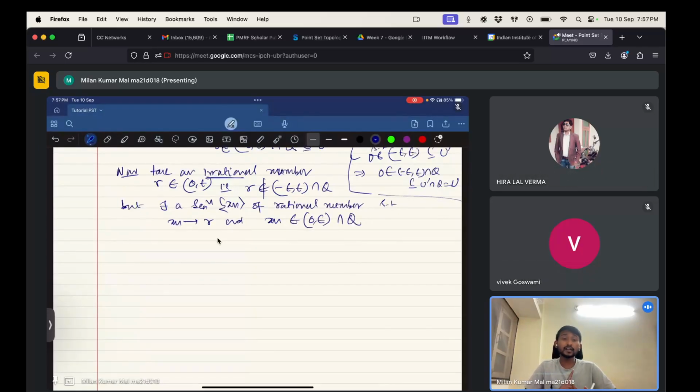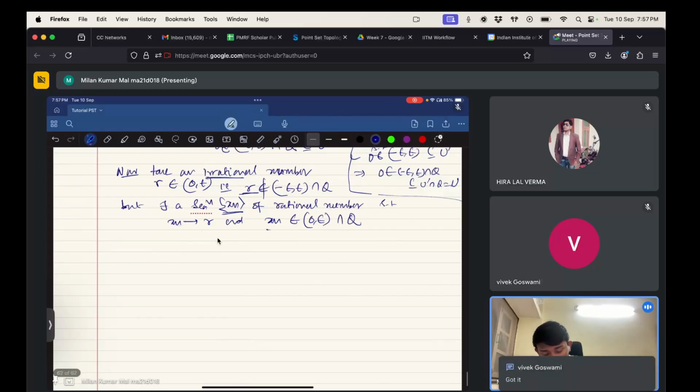This is from real numbers: every real number can be approximated by a sequence of rational numbers, and every rational number can be approximated by a sequence of irrational numbers. So here I have taken an irrational number and got a sequence xn which converges to R, and xn is coming from this rational set.